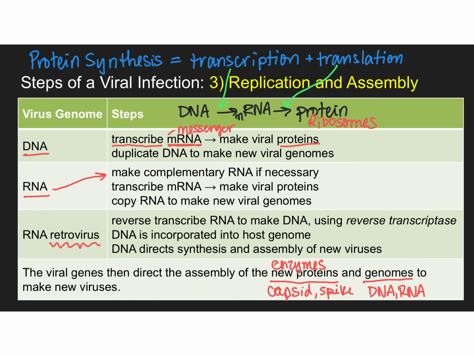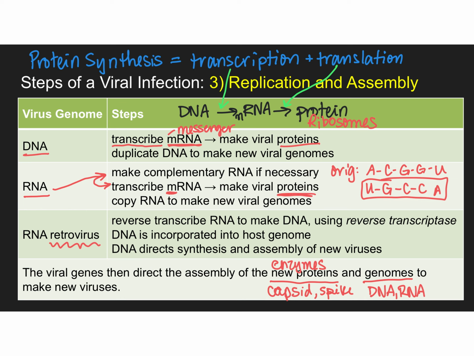And remember that complementary just means that if the original RNA sequence is, let's say, adenine, cytosine, guanine, uracil, the complementary strand, remember A always pairs with T when it comes to DNA, but in RNA, A always pairs with U, C with G, G with C, and then U with A. So this would be our complementary strand, which could then go into being transcribed to make mRNA, which once again is going to make proteins.